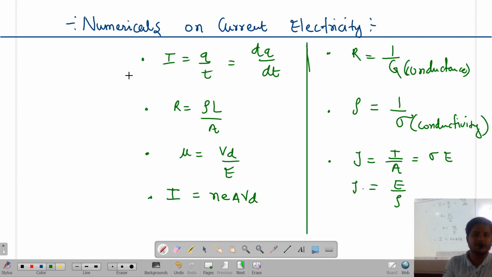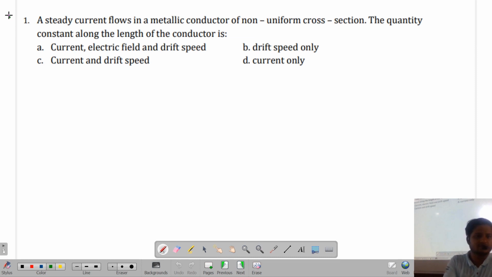So all of these, only 7 or 8 formulas, the question paper was based on them. 90% of the problems were based upon these 8 formulas only. So I'm starting the first question.